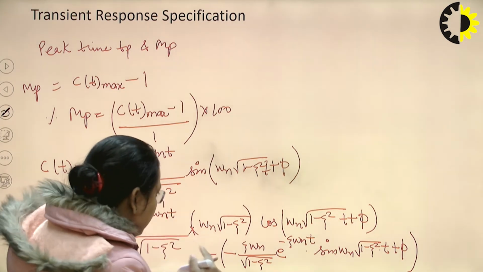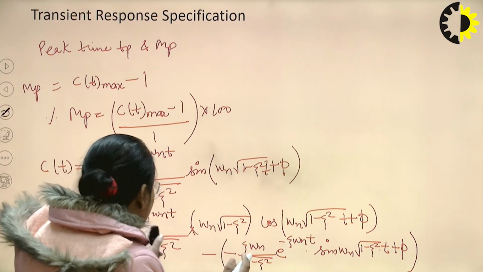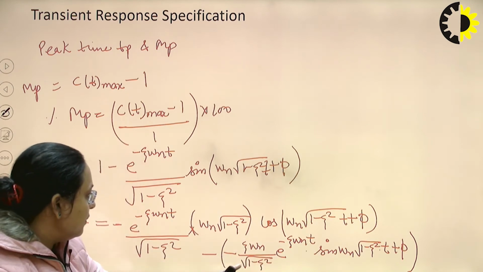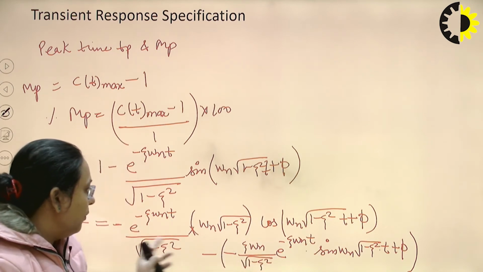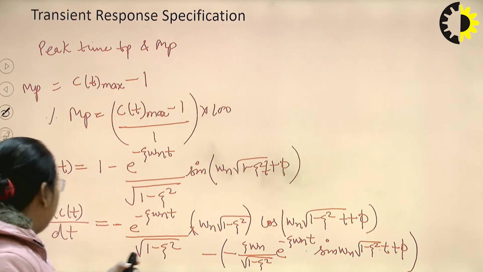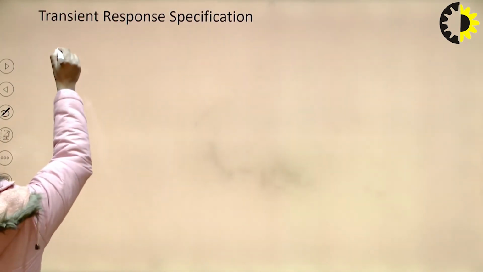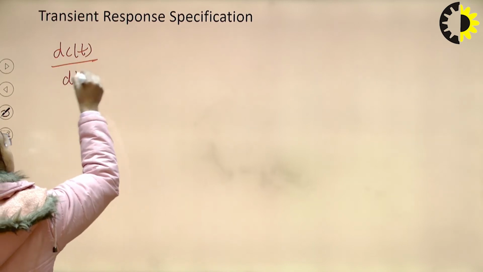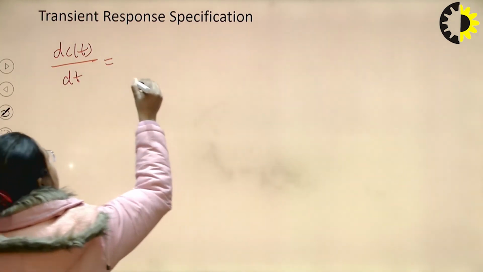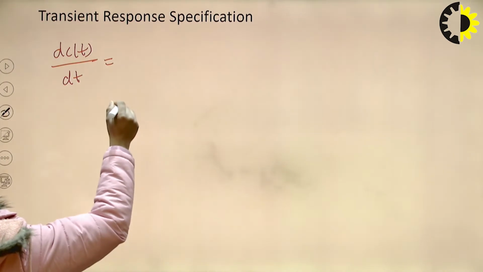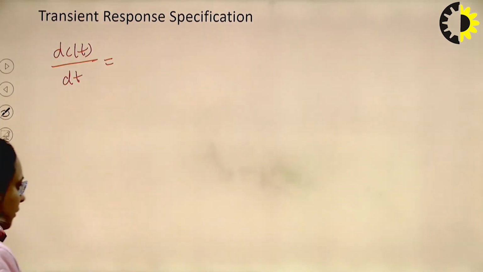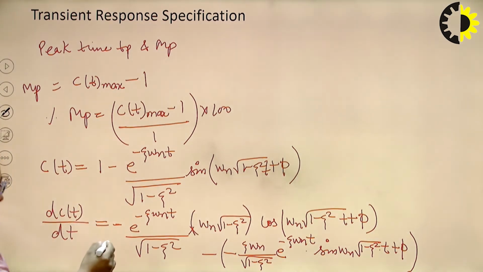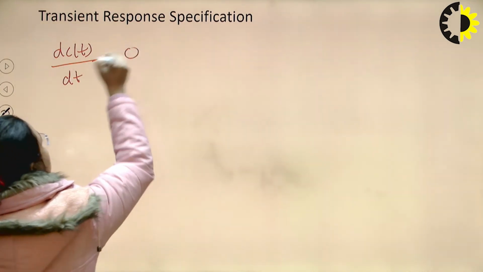Now taking e raised to the power minus zeta omega n t upon under root 1 minus zeta square as common from this equation. We can take common, but first we will equate dC(t) by dt to 0. So dC(t) by dt equals 0.